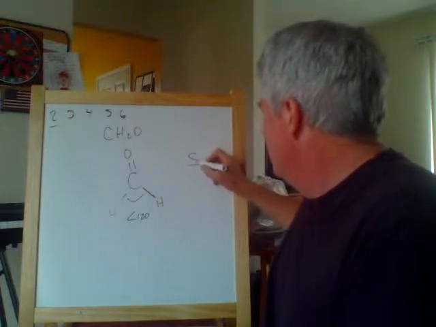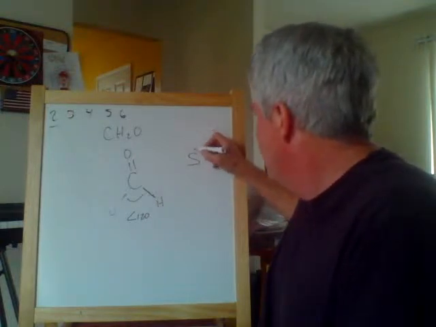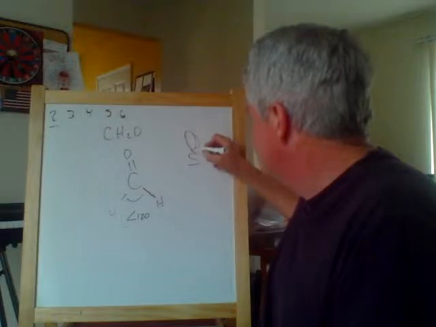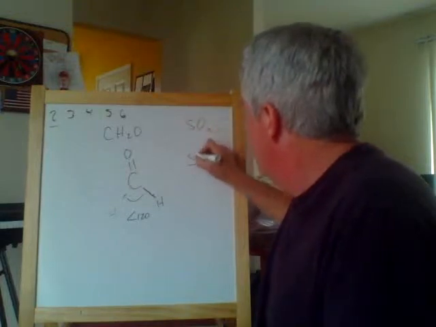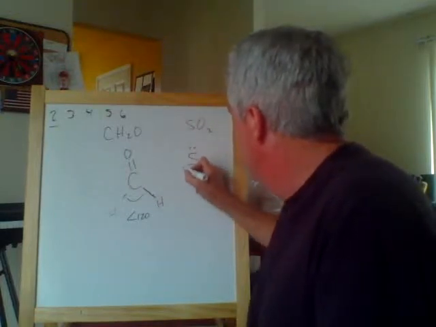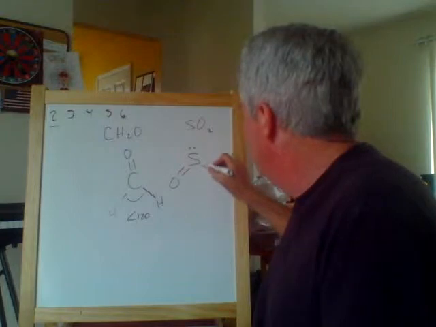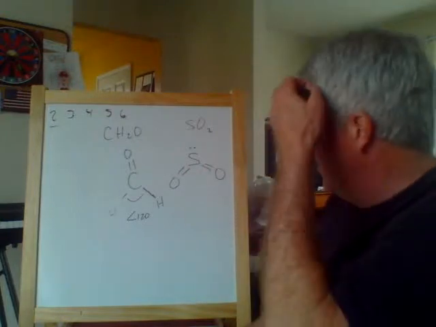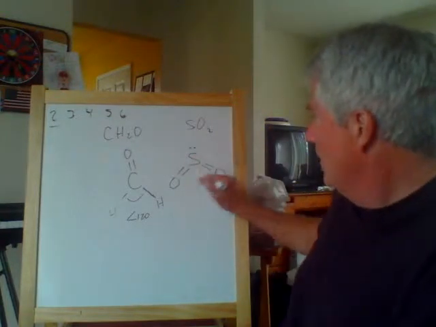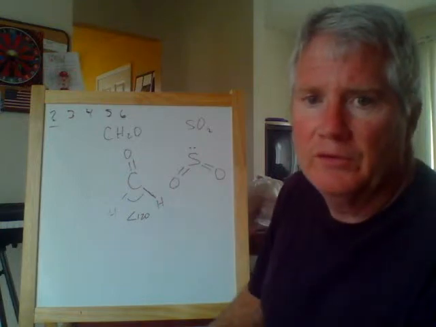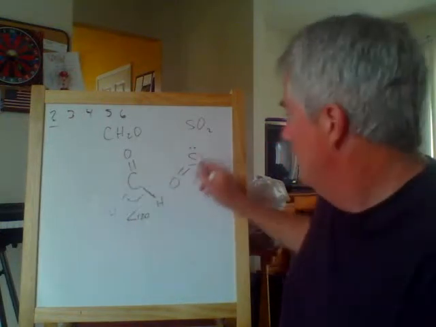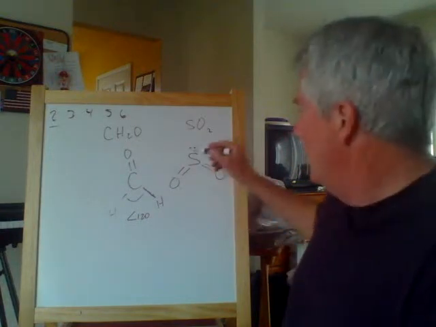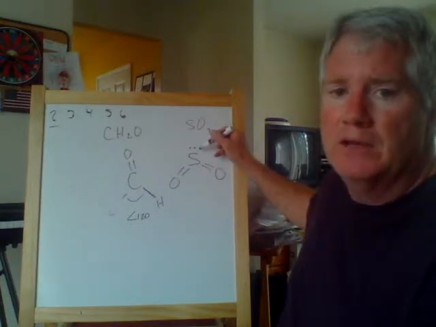SO2 has a sulfur with a lone pair and a double bond to two oxygens. Again, looking at the sulfur as the central atom, it's surrounded by three electron groups, one to each oxygen and an unbonded lone pair.